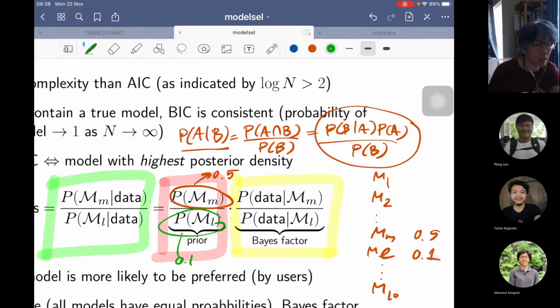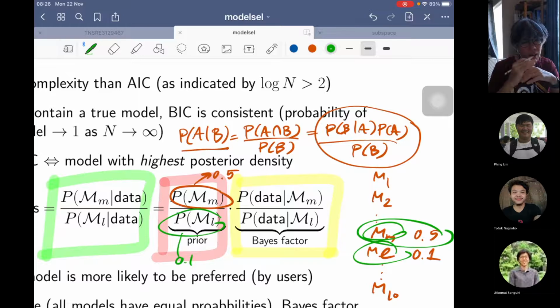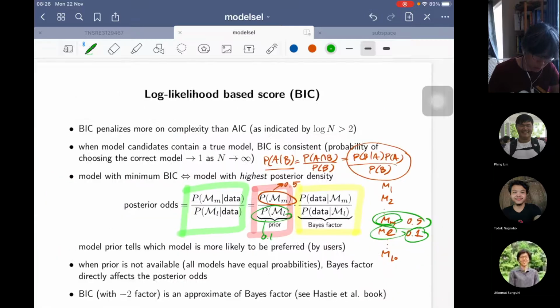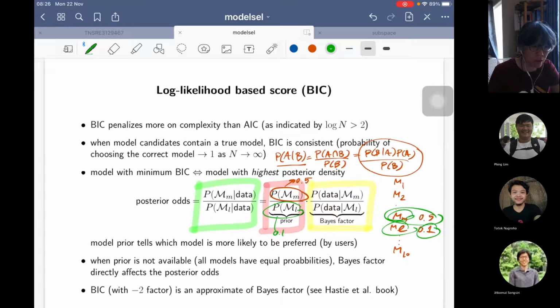It means you have some background information about these two choices. You have your own preference, without observing any data, that model M has a higher chance to be picked than model L.